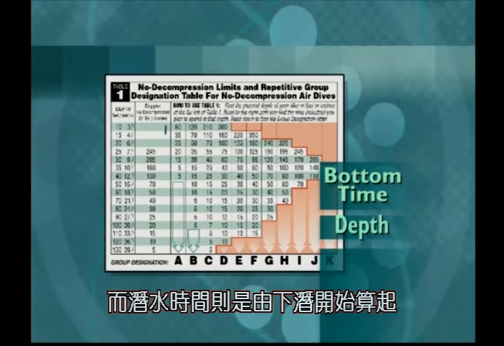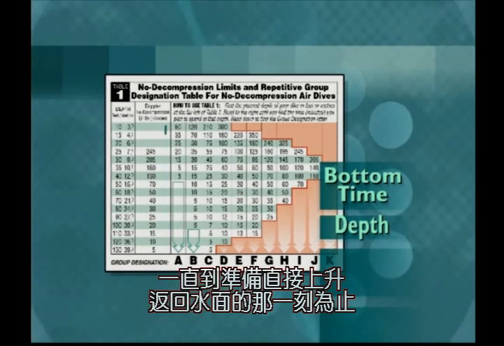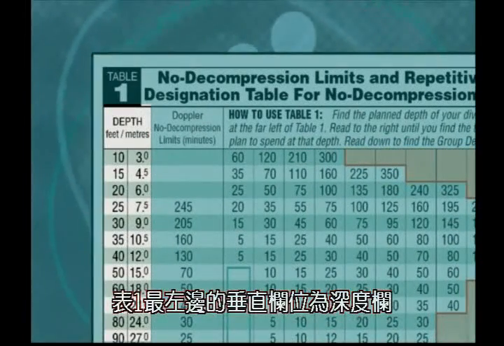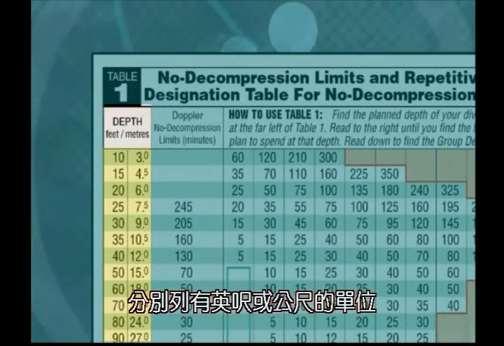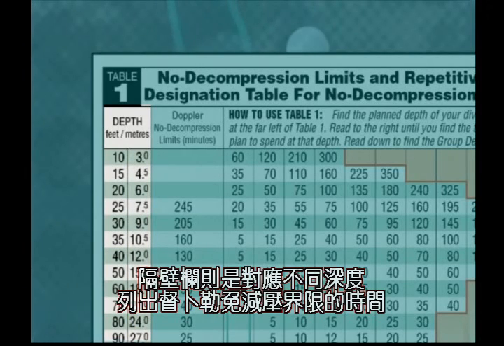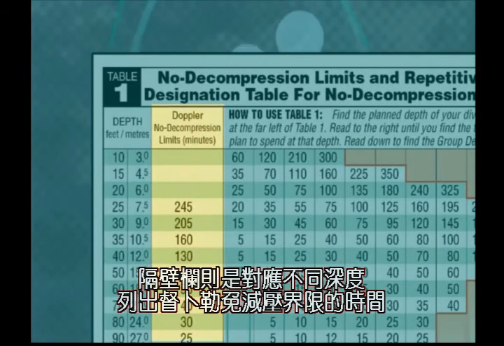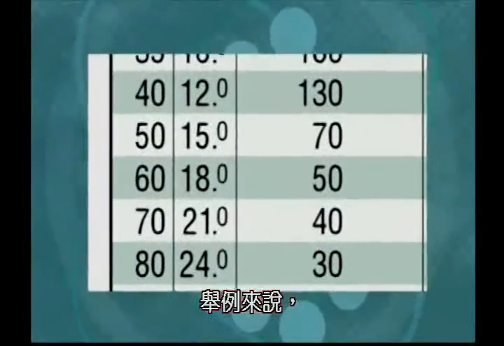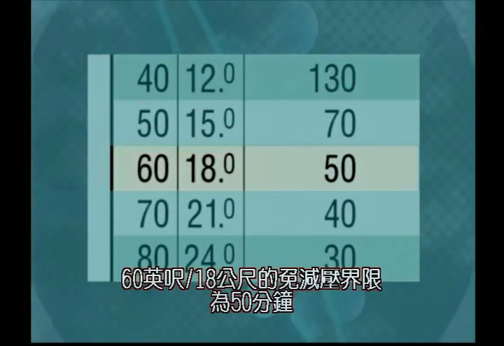Bottom time is measured from the time you begin your descent to the time you begin your direct ascent back to the surface. The far left vertical column of Table 1 shows diving depths in feet and meters, with the next column showing the Doppler no decompression bottom time limits for that depth. For example, the time limit for 60 feet or 18 meters is 50 minutes.